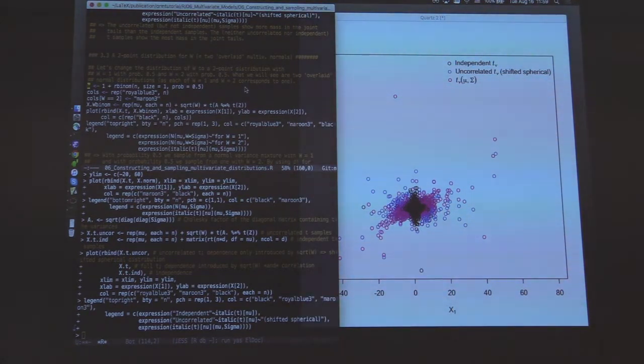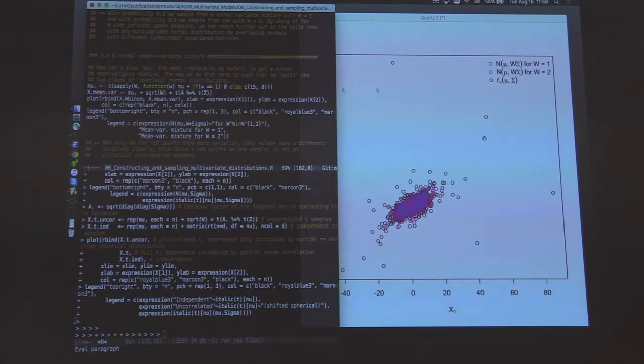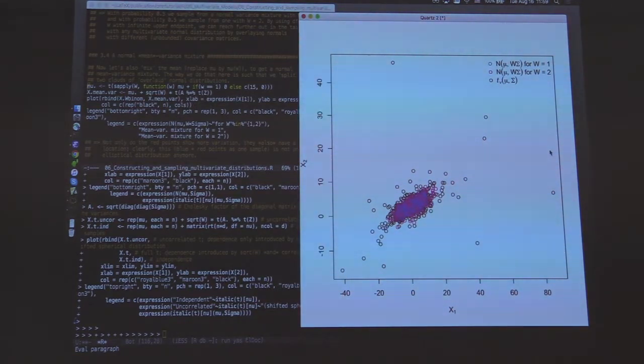But let's now quickly, in 1 minute, let the fun begin. So I would like to look at a square root of w where the w only takes on 2 values. So I kind of see a little bit more what's going on. So let's do that. And then what you see is, the black dots are my multivariate t.